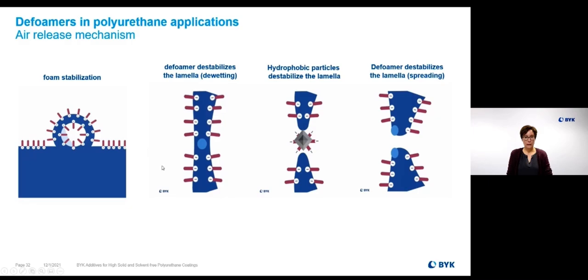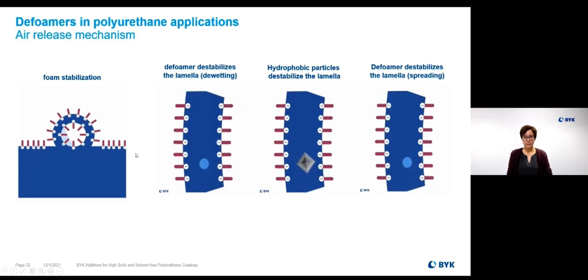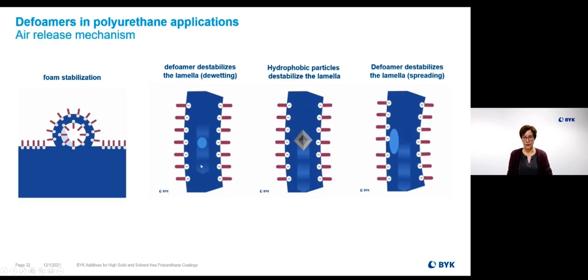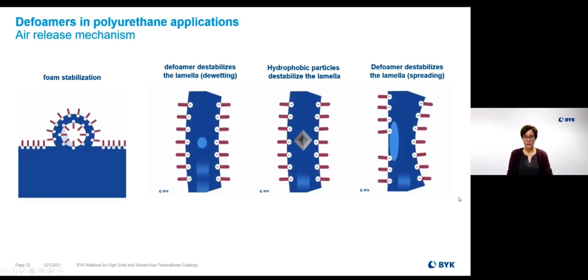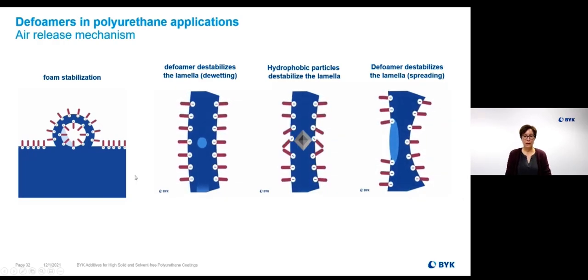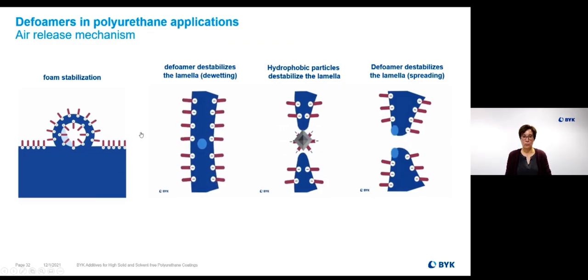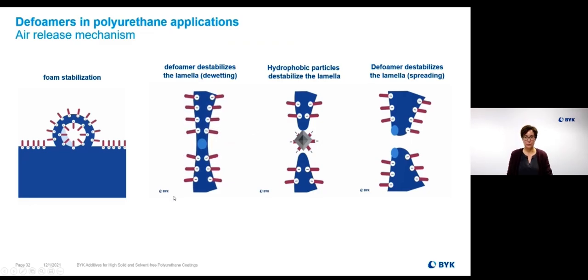The defoamer can work by de-wetting the lamella, or destroying it with hydrophobic particles, or by de-wetting or spreading. It has to be said that all these three mechanisms take place at the same time. It cannot be said that only this one happens, or only the destroying or the spreading happens.